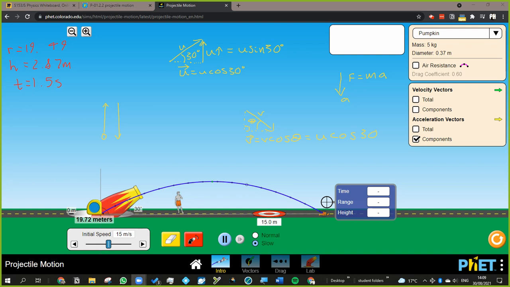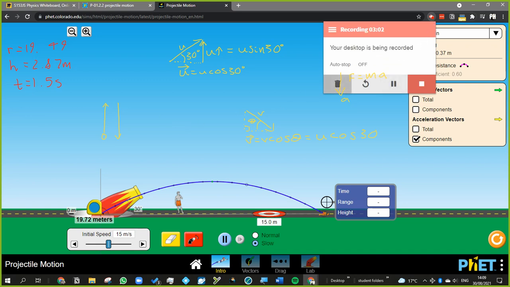Okay, so we've actually got the initial velocity in either case. So the vertical side of the story is u. So u vertical is u sine 30. I believe sine 30 is 0.5.